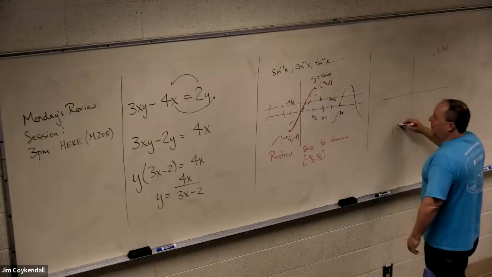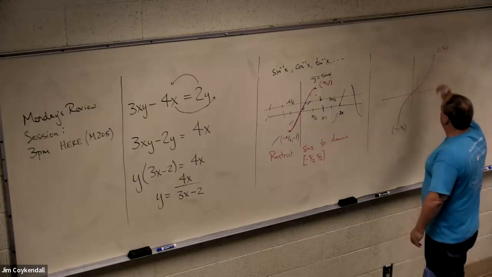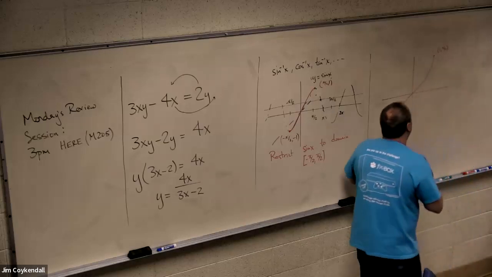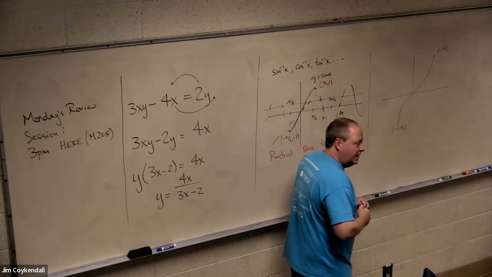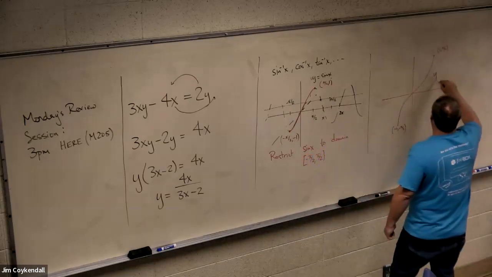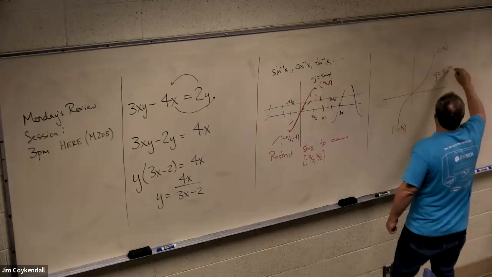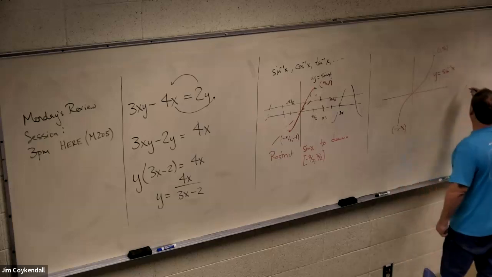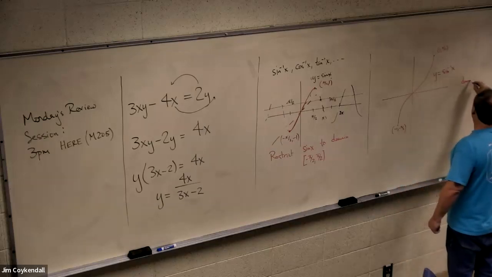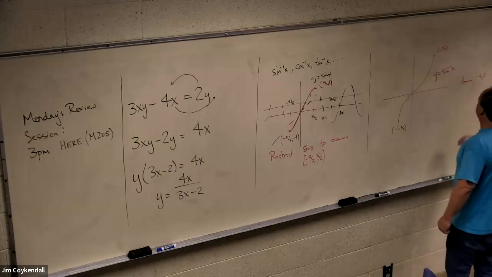And it actually goes like this. This is what y equals arcsine x looks like. The domain is −1 to 1.